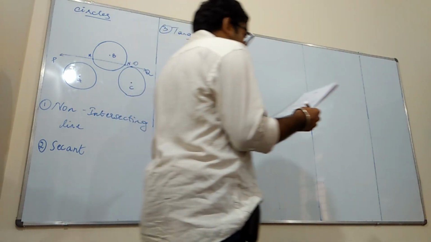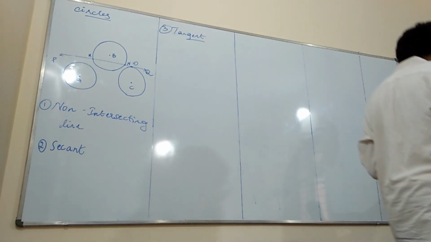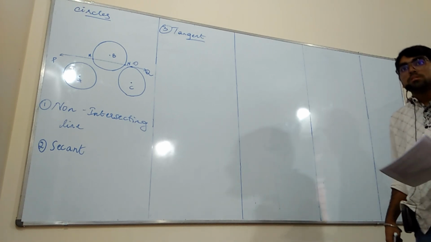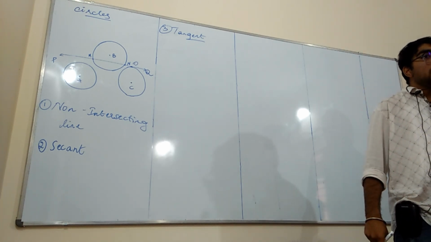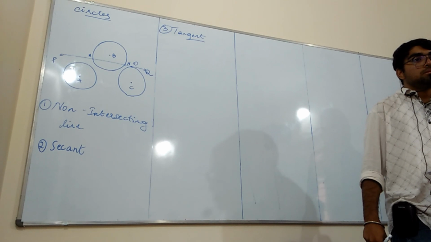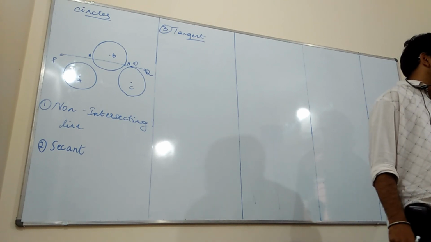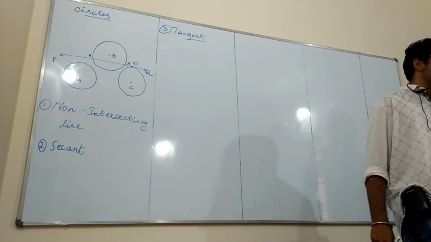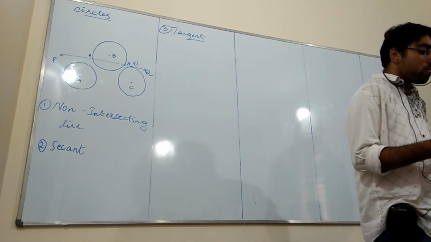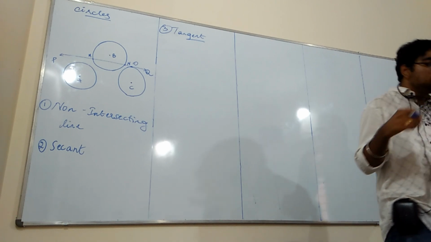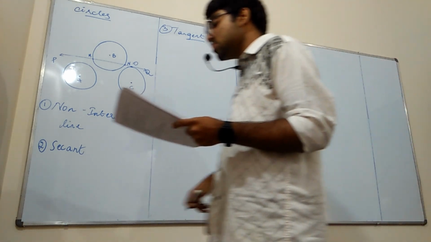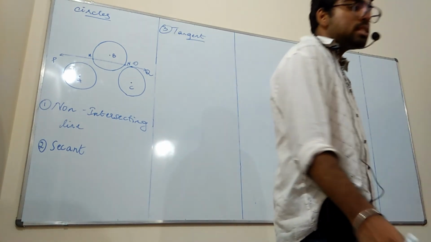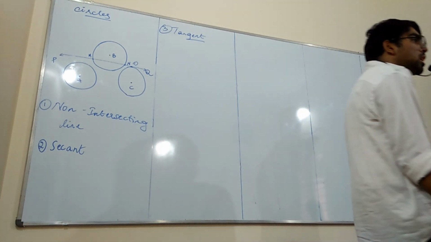Tangent. There is only one point which is common to the line PQ and the circle. Full stop. In this case, comma, the line is called a tangent to the circle.